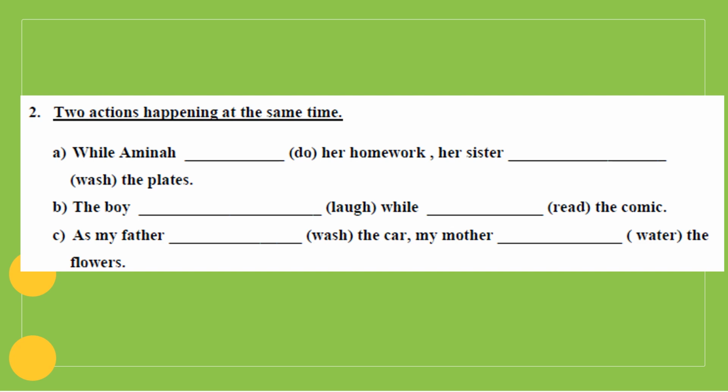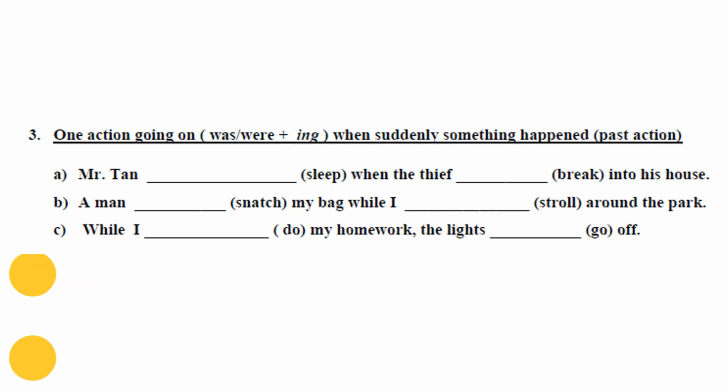Alright, okay, and then C, use the word as. As the meaning of as is the same as while. Okay, so write your answers in the space given. The next one, number 3, is action going on when suddenly something happened.